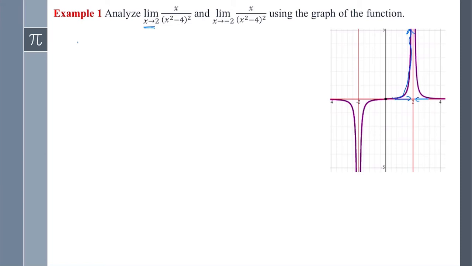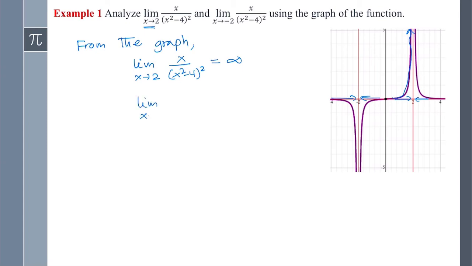So from the graph, we can say that the limit as x approaches 2 of x over (x squared minus 4) squared equals infinity. Similarly, when x approaches negative 2 from both sides, we see that the function is decreasing without bound. So we write limit as x approaches negative 2 of x over (x squared minus 4) squared equals negative infinity.